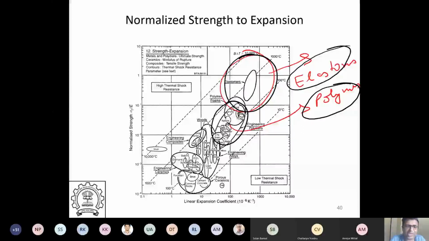So if I take elastomers, I will have a reasonably high E over alpha ratio, right?